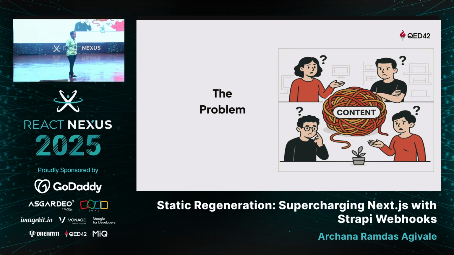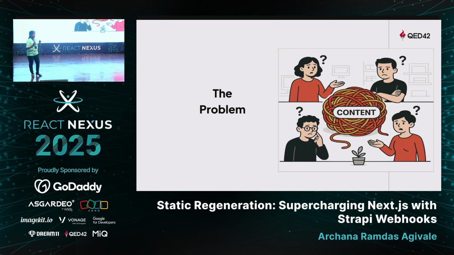So as we see the agenda of today's session, let's understand what problem we are trying to solve. Let's see the real issue of static site generation. When we try to use static site generation with a content driven application, it's a little bit slow.